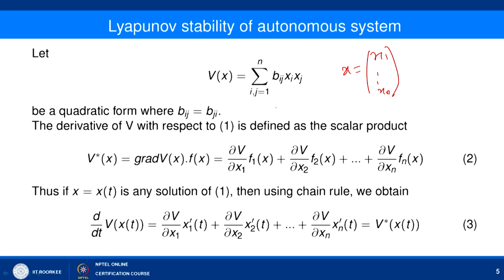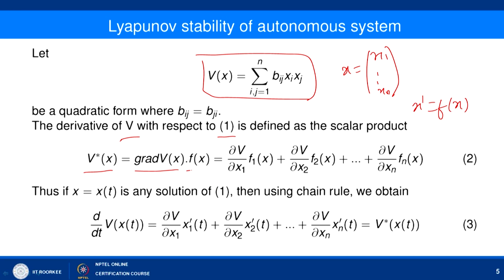Now, with the help of this quadratic form, let us find the derivative. We will see that this calculation of the derivative is quite important. The derivative of V with respect to x' equal to f(x) is defined as the scalar product V*(x) equal to grad V(x) dot f(x). So, grad V(x) will be ∂V/∂x1, ∂V/∂x2 and ∂V/∂xn, and f(x) is basically f1(x), f2(x) and so on.